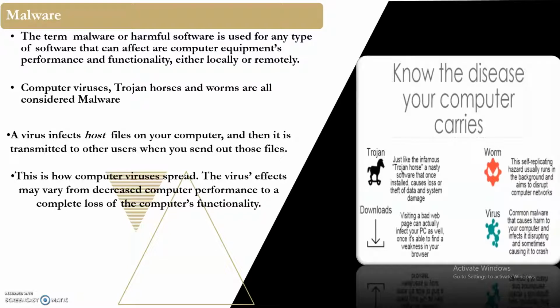So what does a virus do when it infects your computer? It causes deletion of specific files which are necessary for your computer system to work. The virus can spread very easily, and it can cause a decrease in performance of the computer.